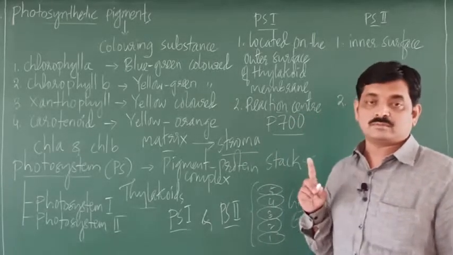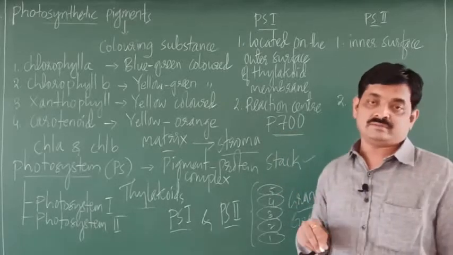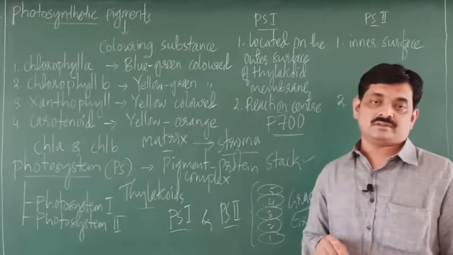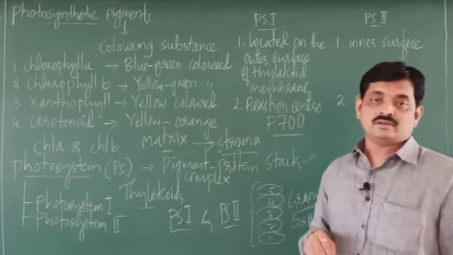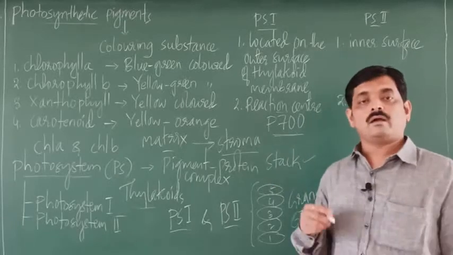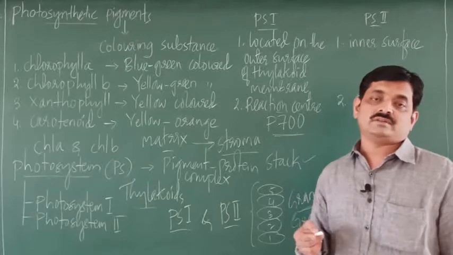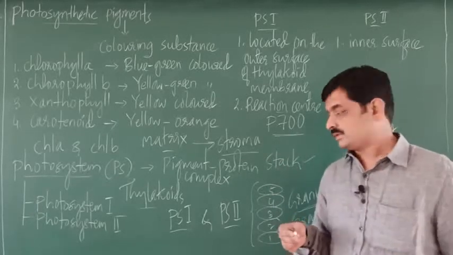So photosystem 1 has reaction center P700. Here, what is P? Here P is the pigment, that is chlorophyll A. What is 700? Here 700 is the wavelength of sunlight which is absorbed.